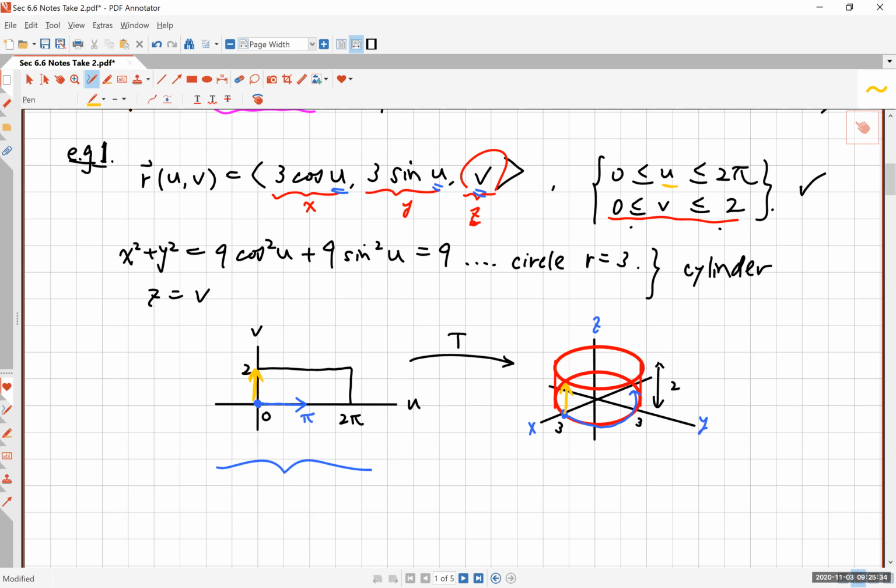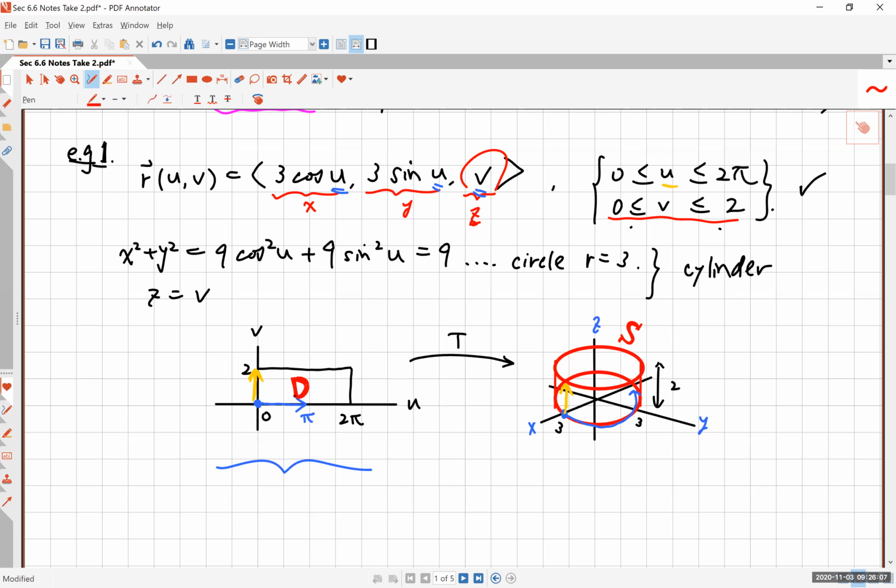And so this whole area, which we are going to call D, okay? Now D, for our consistent notation, we're going to refer to D as the domain on the UV plane. So this rectangular domain in the UV plane is transformed by this parameterization to this vertical cylinder, which we call surface S. Okay, so whenever in this chapter or in this section I talk about S, that is a surface that lives in 3D space.